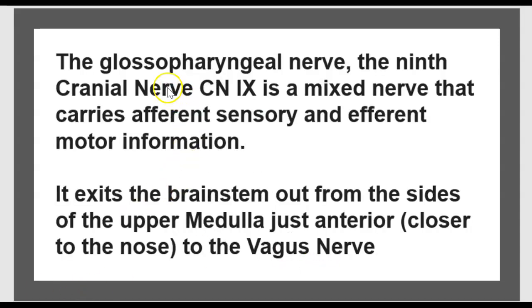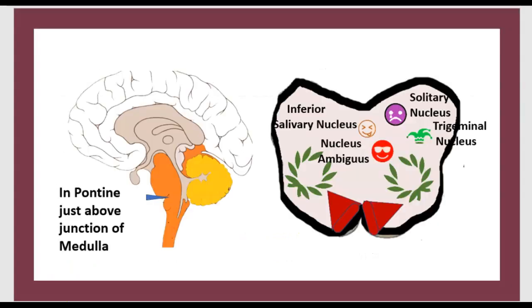The glossopharyngeal nerve, the ninth cranial nerve, is a mixed nerve that carries afferent sensory and efferent motor information. It exits from the brainstem out from the side of the upper medulla, just anterior, closer to the vagus nerve, just above the junction of the medulla.